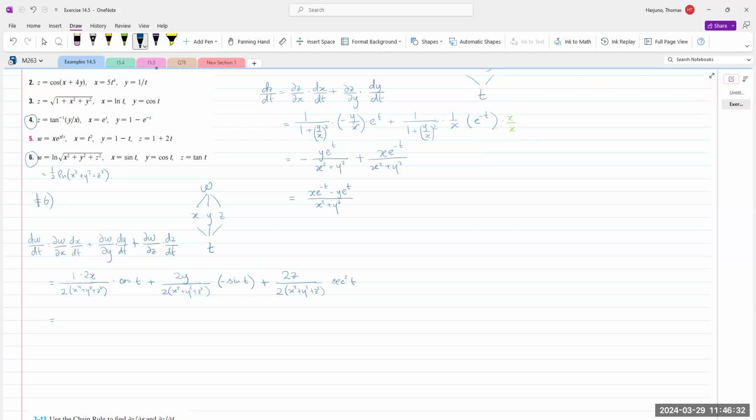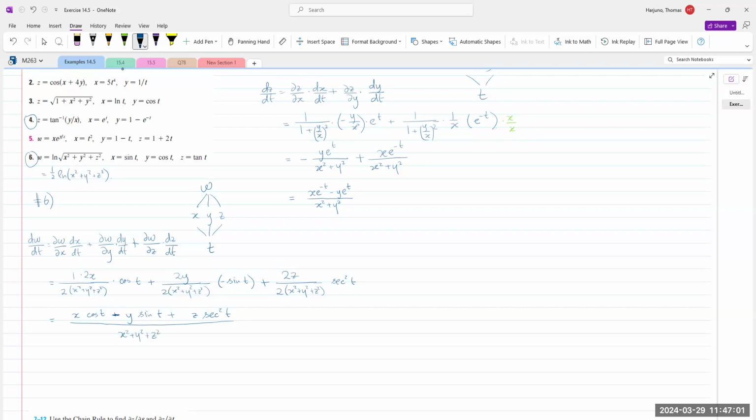So I get x cosine t plus y times negative sine t, plus z secant squared t. Actually the 2 cancels over x squared plus y squared plus z squared.